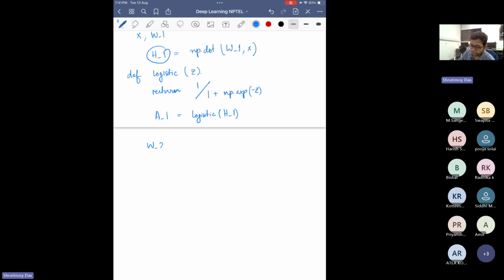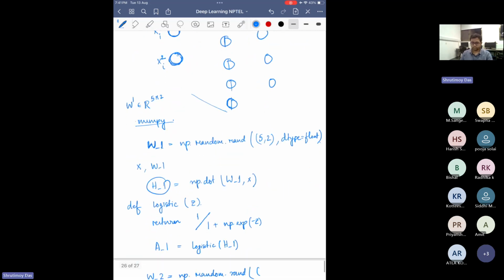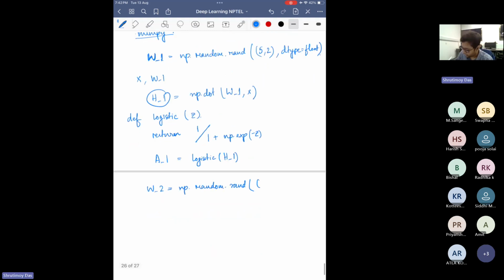Suppose I define W2 as numpy.random.rand. What will be the size of W2? Right, good. The size of W2 is 3 cross 5, with dtype equal to float.